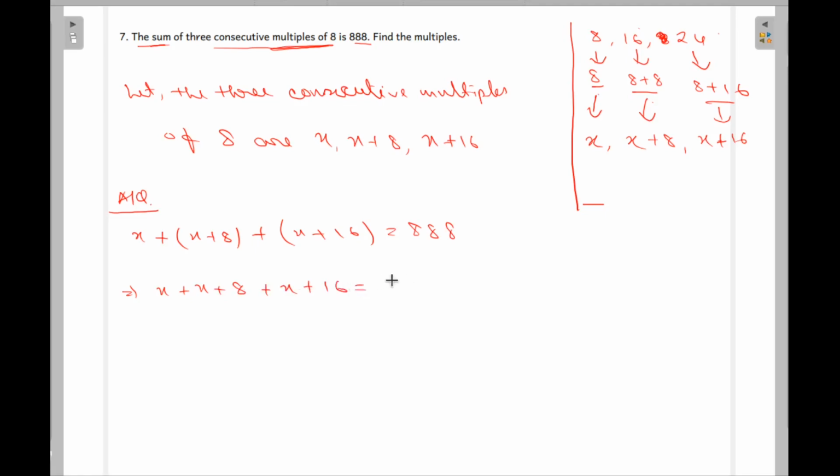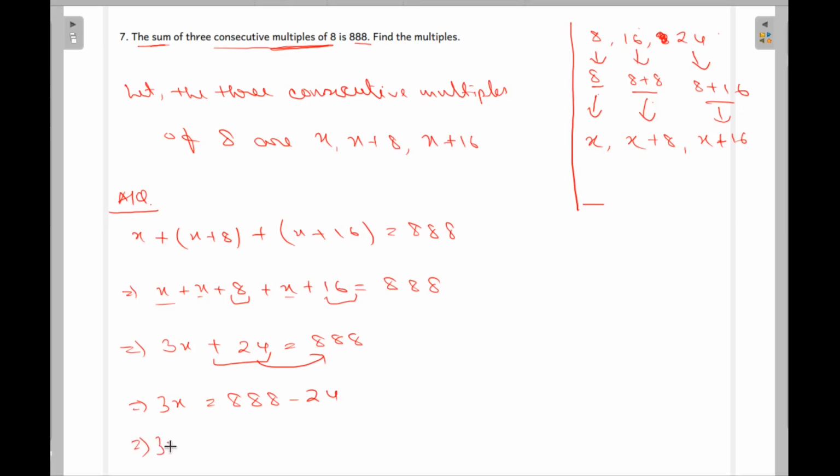How many x are there? 1, 2, 3. So 3x plus 8 plus 16, which is 24, equals 888. So 3x equals 888 minus 24. If we take positive 24 to the other side, it becomes minus 24.